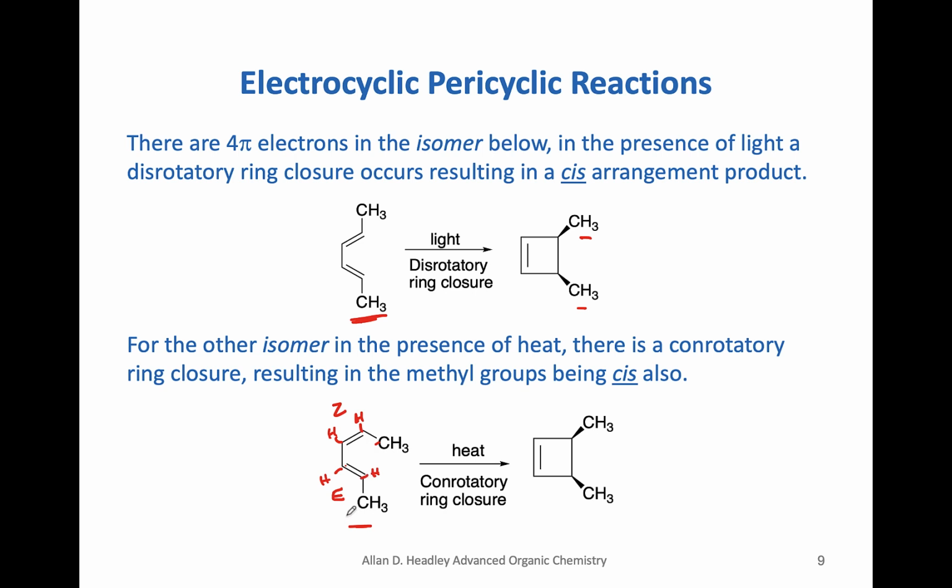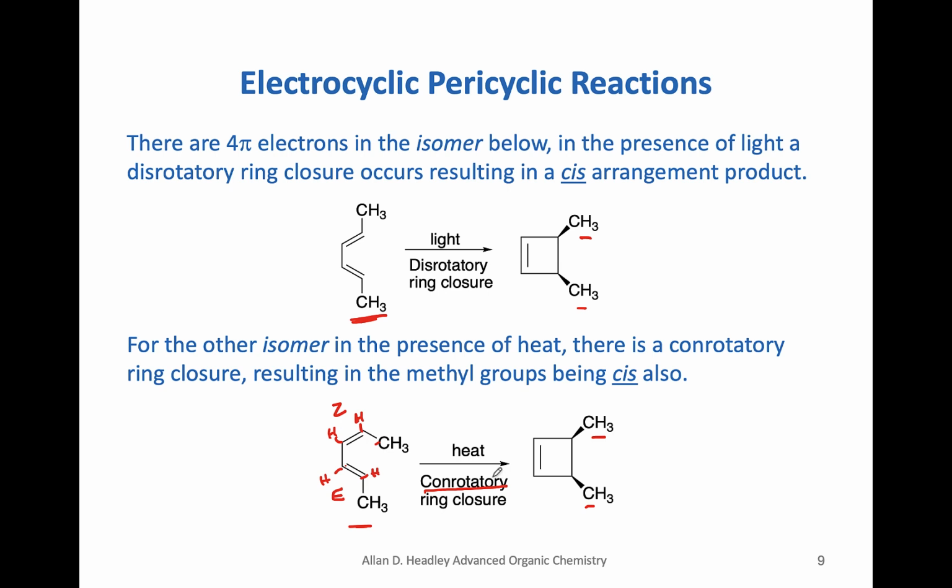So this is an EZ polyene in the presence of heat. Since we have 4 pi electrons here, this will be a conrotatory ring closure, which will bring the two methyl groups here onto the same side.